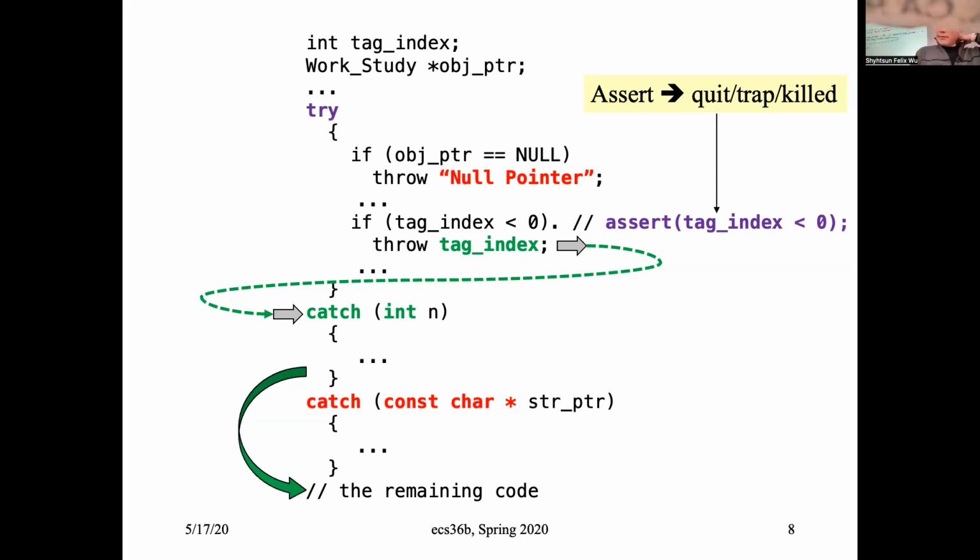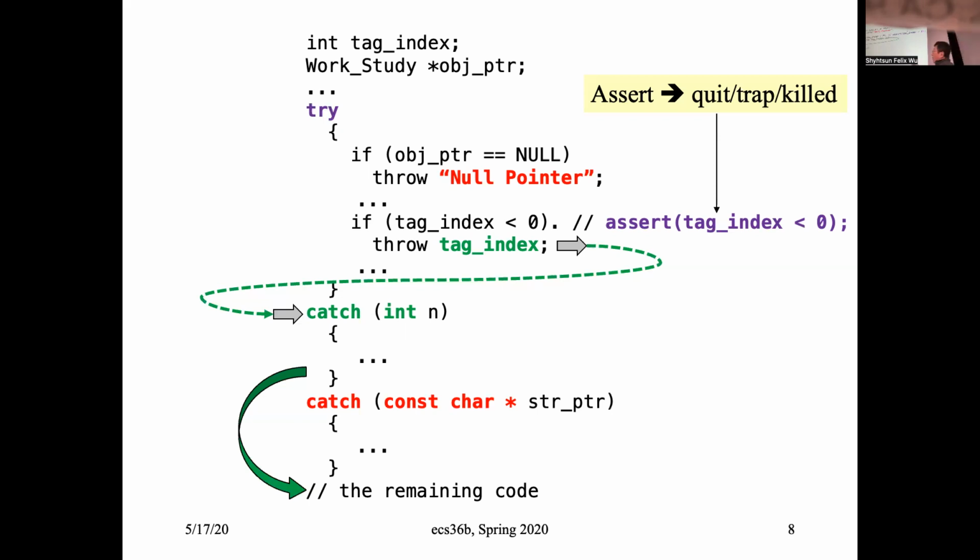Let me summarize: you have a try clause, and inside it you use a throw statement, and your throw is going to throw an object. That object could be an integer in this example, or a string in this example, or it could be anything, even a C++ object that you can throw.